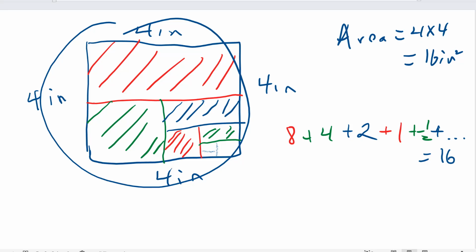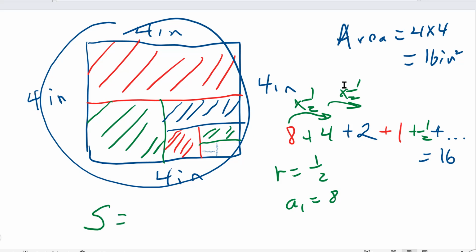Now, this is a geometric series here, because if you multiply by a half, that gives you the next term. If you multiply by a half, that gives you the next term. So it is geometric. The r is 1/2. The first term is 8. And if you look at the formula for the sum of this infinite series, it is a sub 1 over 1 minus r.